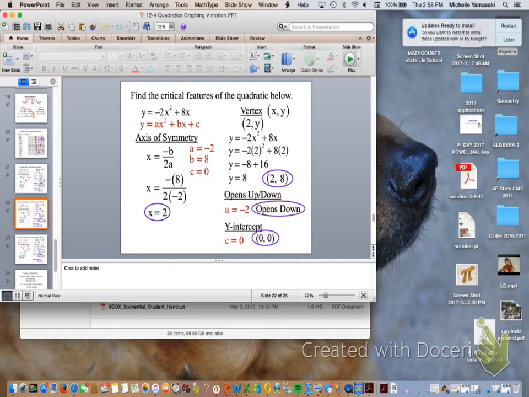So what does use A mean? Use A to find points 1 unit left or right of the vertex.